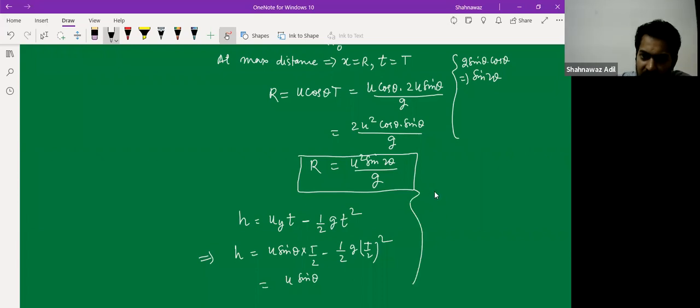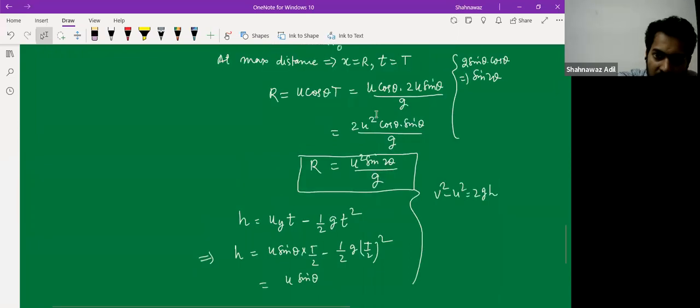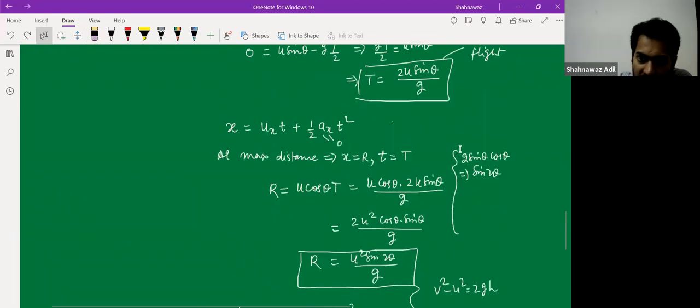Should I calculate using v square minus u square equals 2gh? So let's try to calculate with this. So u sine theta, and what is t? So t is 2u sine theta by g.